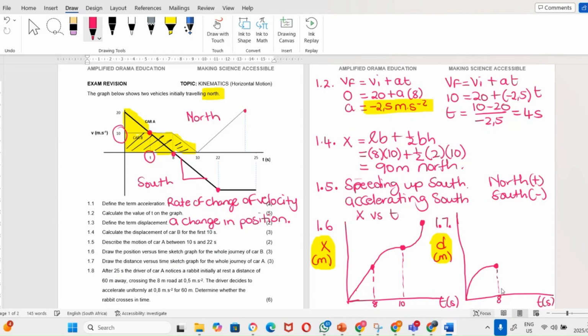If this was a displacement time graph or a position time graph, this particular graph here would actually go back down, because remember now this graph is below the x-axis here, showing that it's traveling south. So the same would apply for displacement. If the object is traveling north first, then the graph moves up. But if the object is traveling south, then the graph moves down.